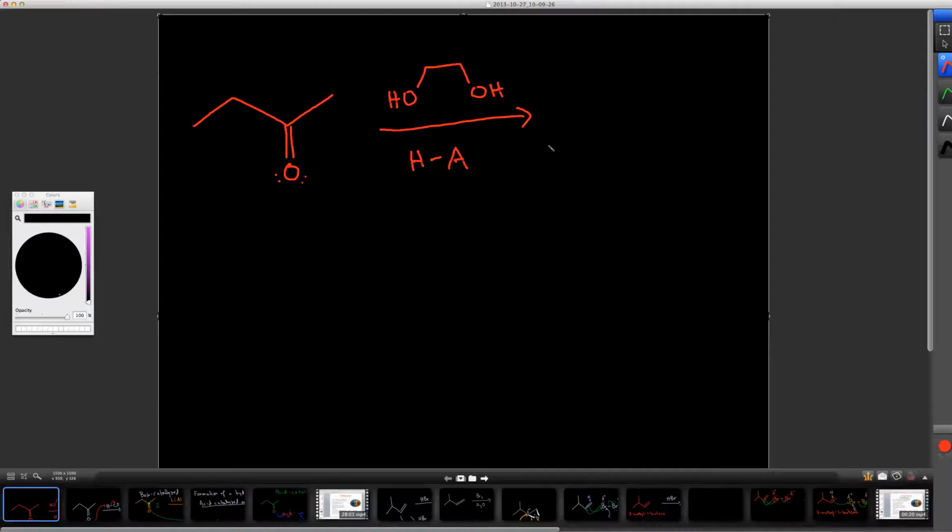This is a 6-step mechanism. And the first step is going to be pretty simple. Proton transfer. We know that's going to occur. Second step, nucleophilic attack. That should be no surprise.